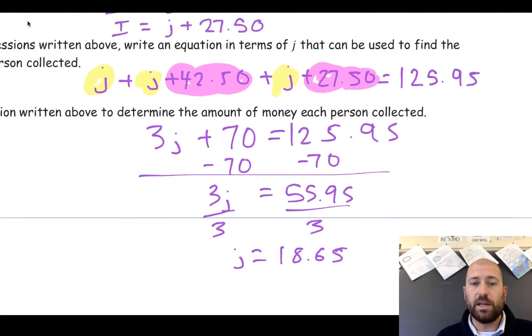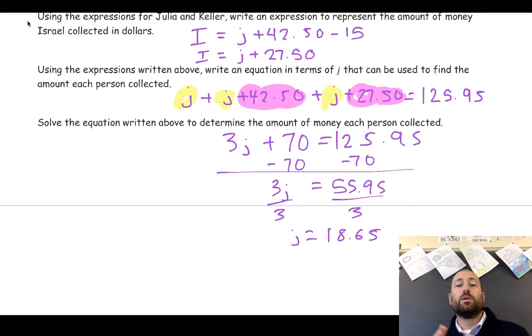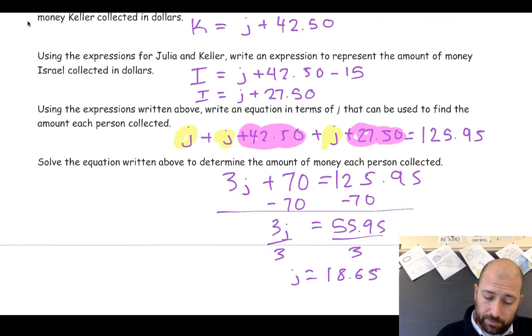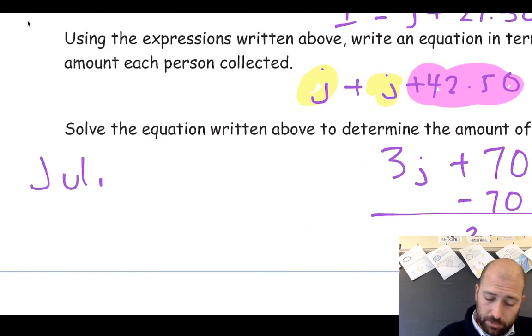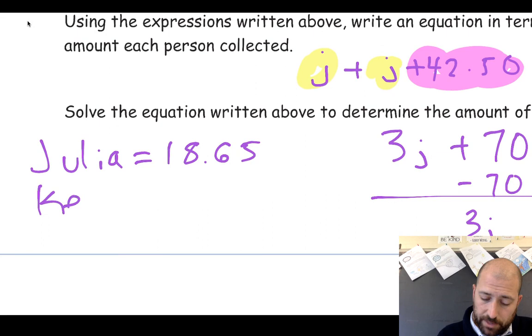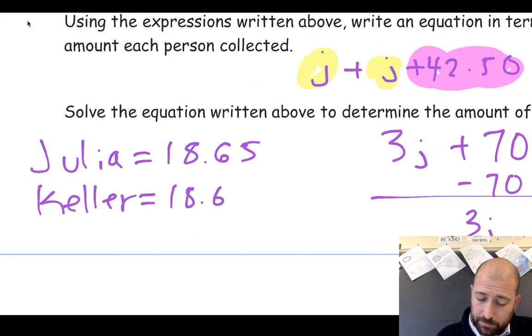$18.65. Again, great that I found that answer, but now I have to figure out what each of them have made. So we have Julia. She was J, so she is $18.65. We have Keller. He was Julia, right?